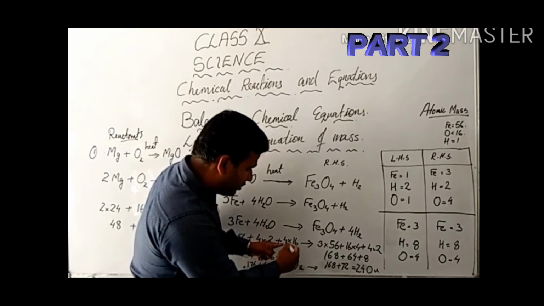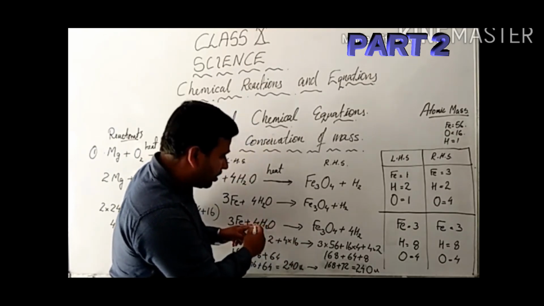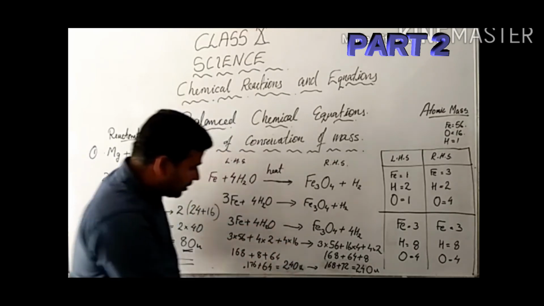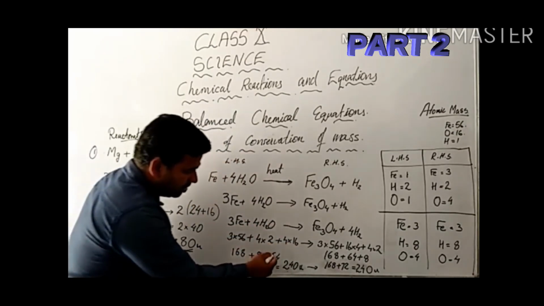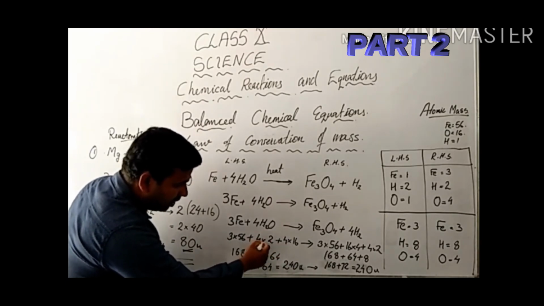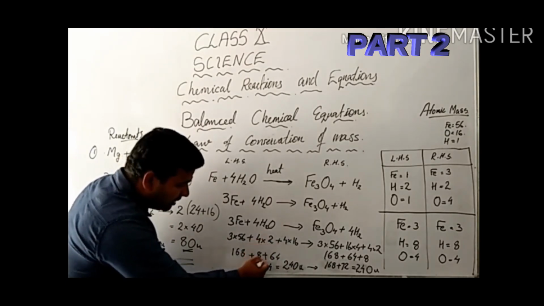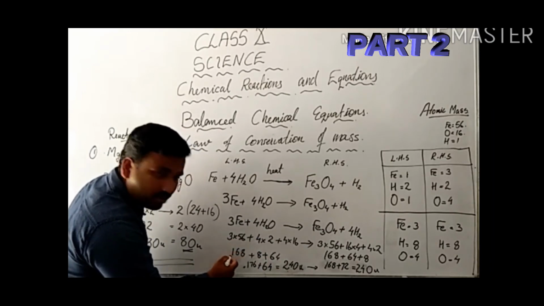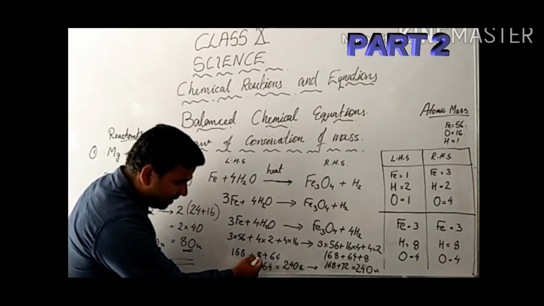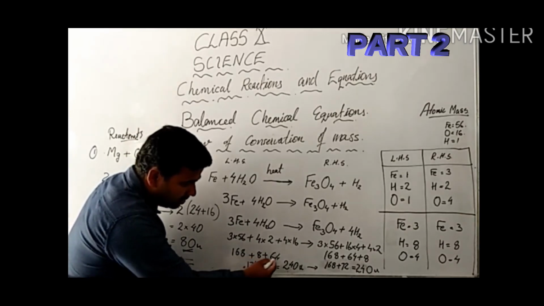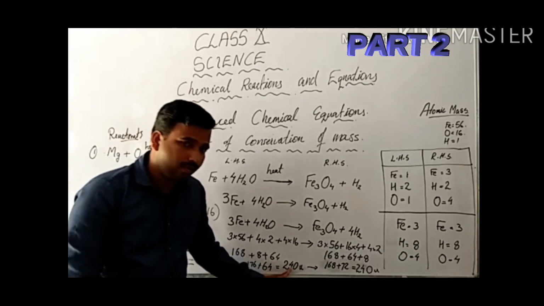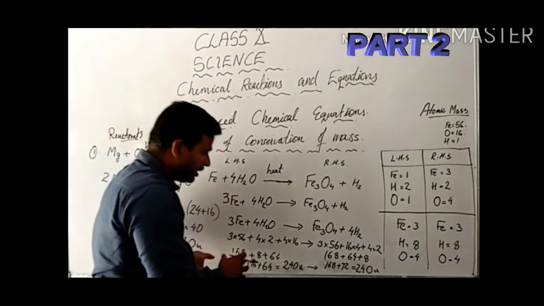Then 4 into 16, this 4 is applicable for oxygen also, so you get 64. 4 into 2 you will get 8, 3 into 56 you will get 168. So 168 plus 8 is 176, plus 64, altogether you will get 240 towards the left hand side.